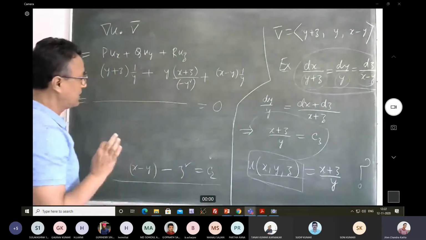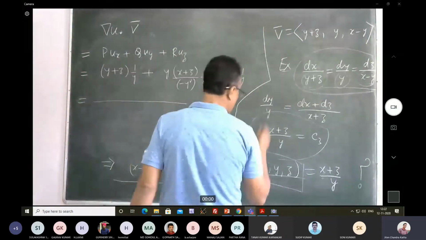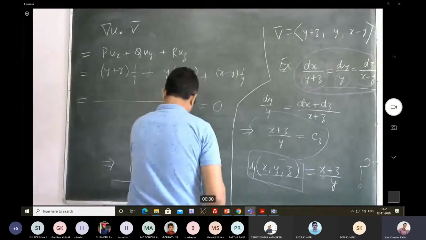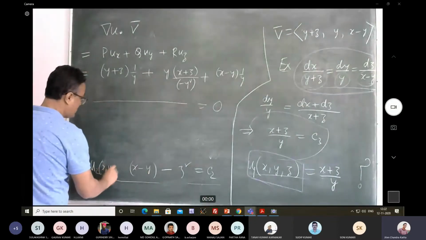And then, suppose I call this u1, and suppose I call this one u2(x, y, z).